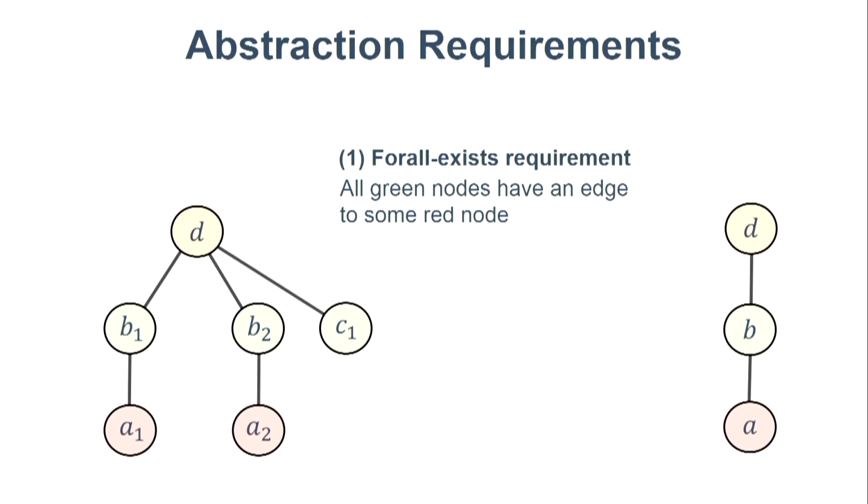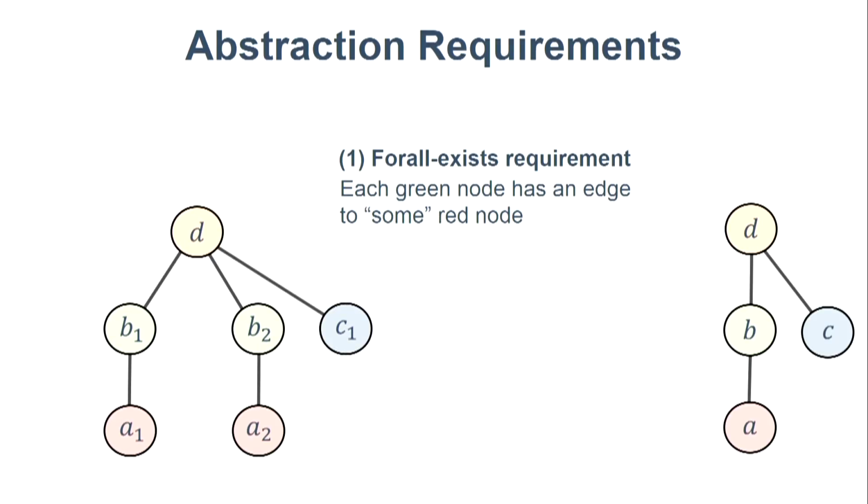Don't worry, though, we can generate a valid abstraction of this network. We just need to refine the current abstraction, making it a little bit bigger. And the way we might do that is to add another node, blue node C. And now our abstraction does satisfy the topological condition.